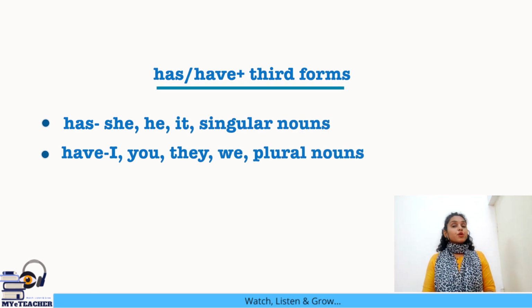For all singular nouns and pronouns such as he, she and it, we use has. For all plural nouns and pronouns such as I, we, they, you, we use the helping verb have. So, in present perfect tense, we use has, have plus the third form of the verbs.